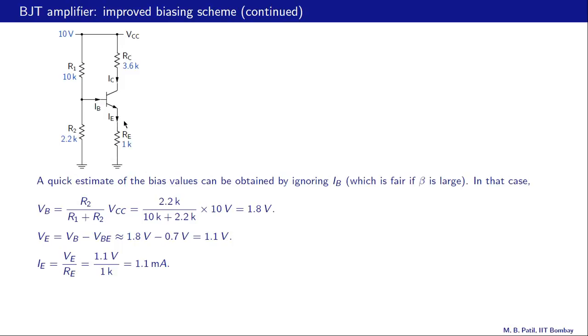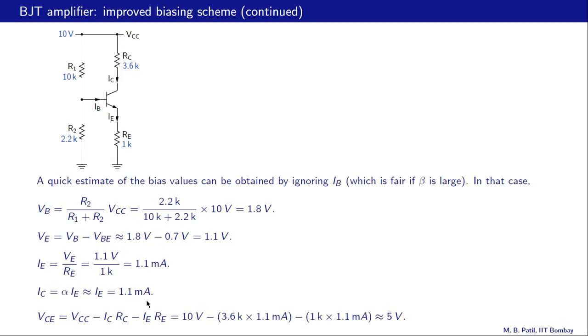Once we get VE, IE is simply VE divided by RE, or 1.1 milliamp, and if beta is large, then alpha is equal to 1, and IC and IE are then equal. So IC is alpha times IE, nearly equal to IE, that is 1.1 milliamp.